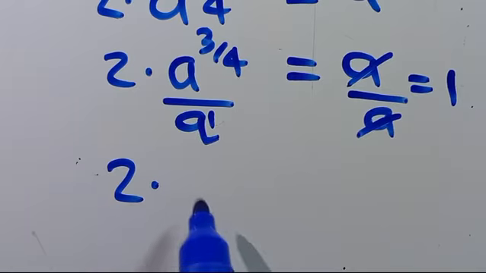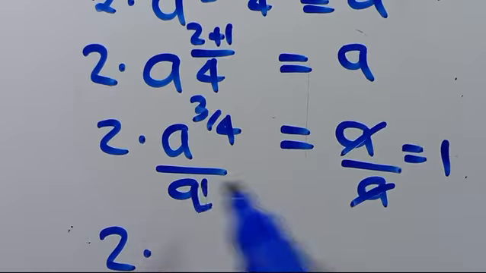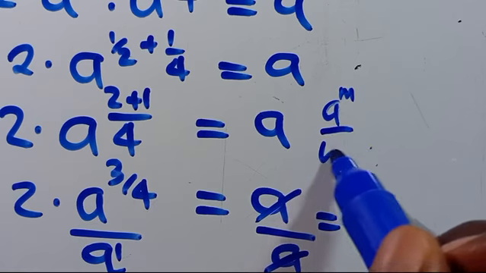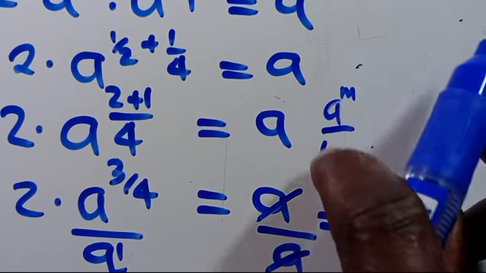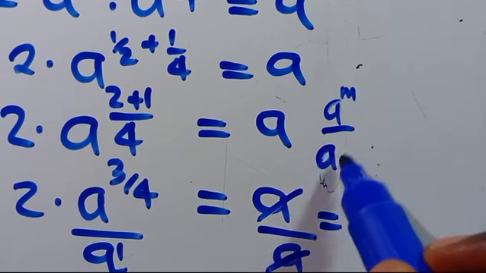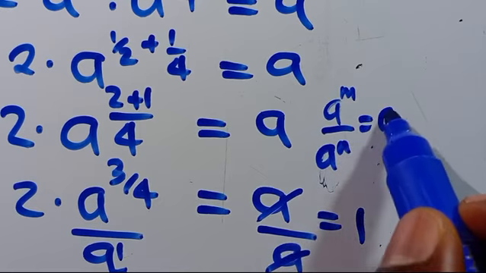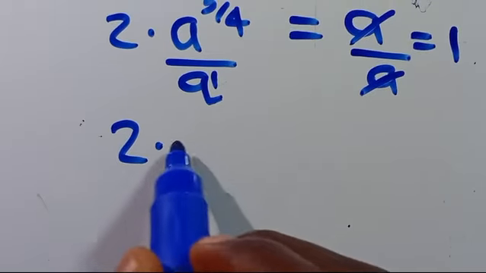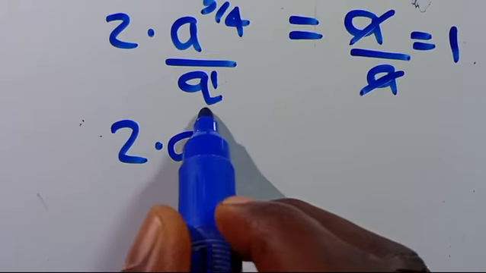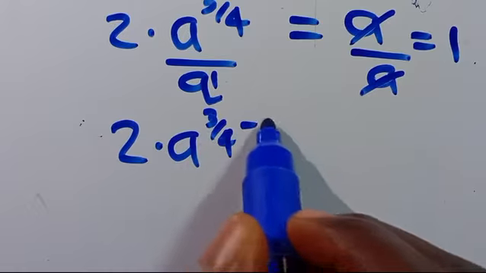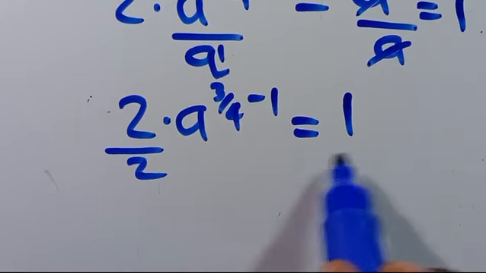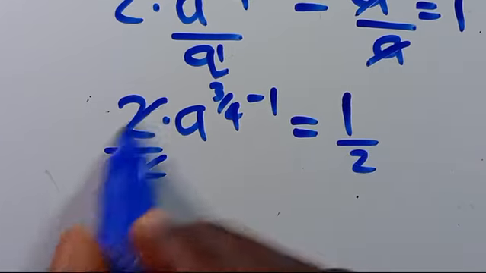So from the law of indices, when you have a to the power of m over a to the power of n, it equals a to the power of m minus n. So applying here, we have a to the power of 3 over 4 minus 1 equals 1. Divide through by 2, we cancel out this.